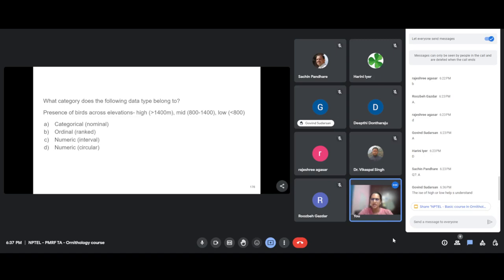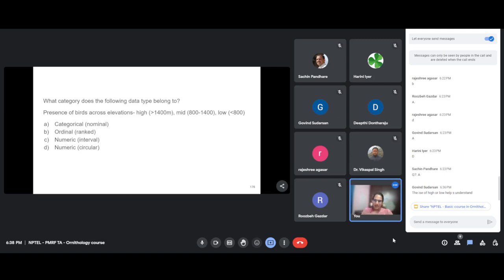And also another important thing is when I'm collecting data, so let's again take the example of mid elevation. For this entire study I have recorded the observation of let's say 1000 individuals across maybe 20 species.